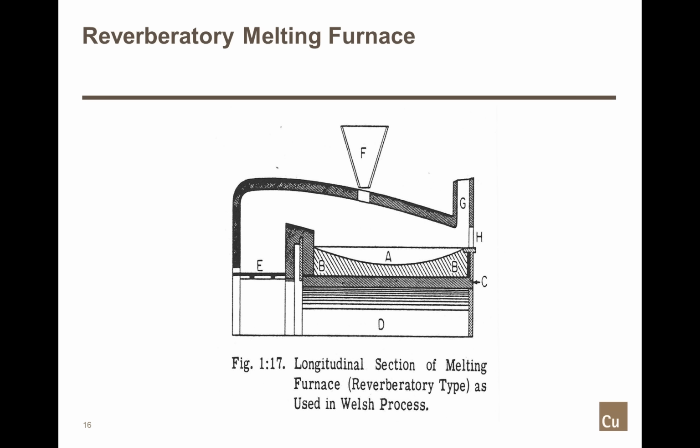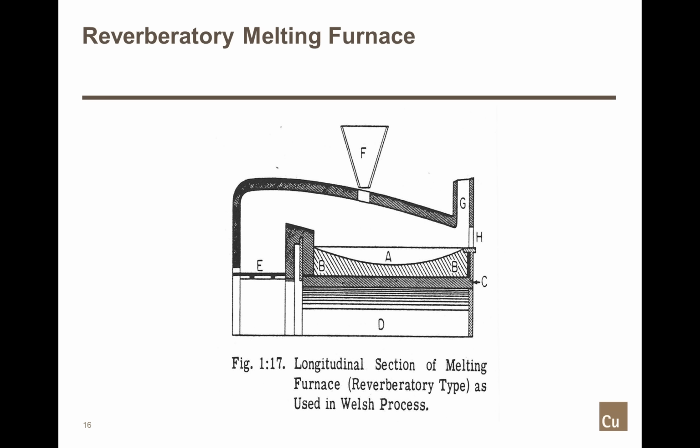basic copper materials, not often copper alloys, but a reverberatory type furnace, where the A and B areas on this diagram are actual melted copper materials. The E is where the fire comes in here, the heat, and the G is the stack, or where the gases go out.